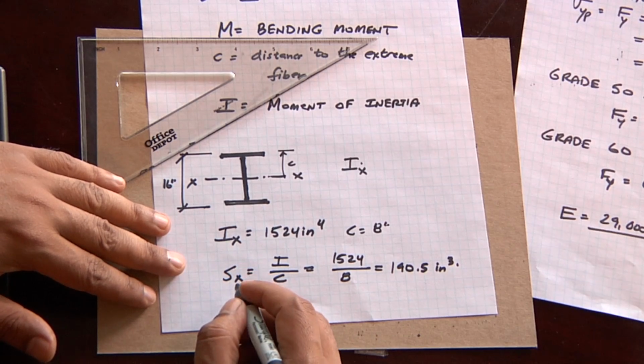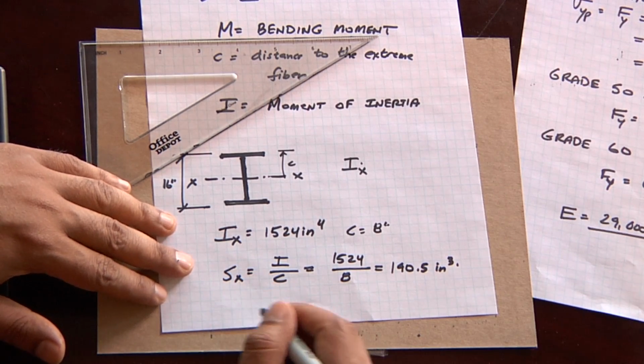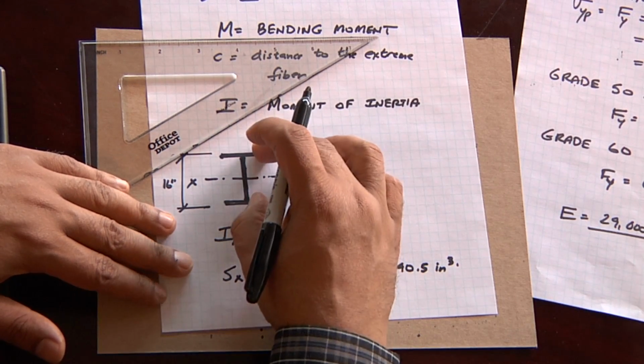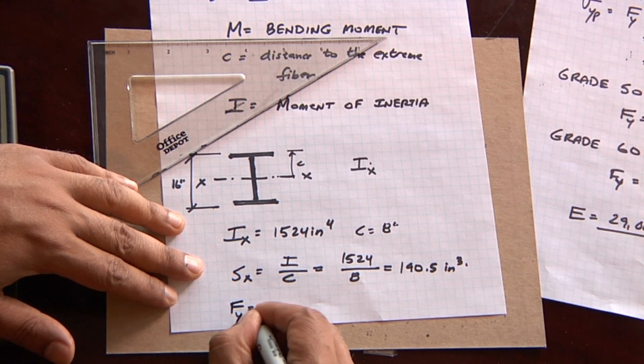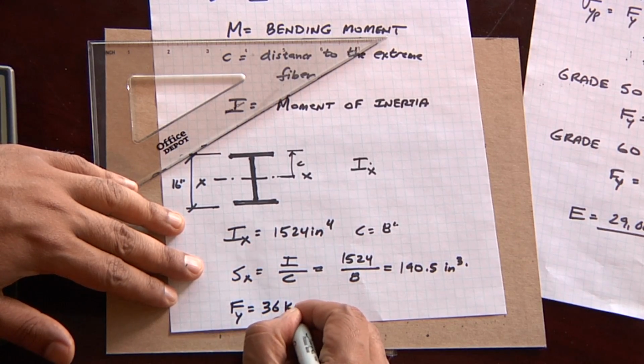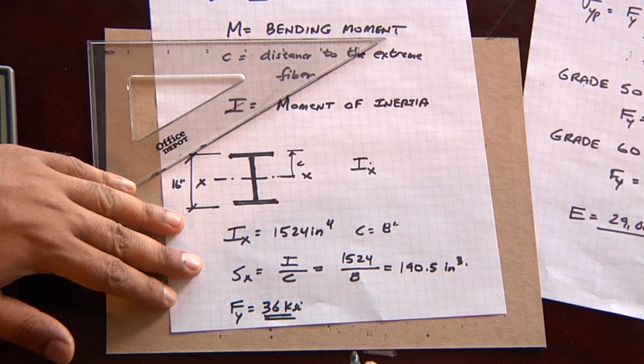And so if we have a bending moment, what's the maximum bending moment that that beam can accept? Well, if my yield stress is 36 KSI, we can calculate what the capacity of that beam is. And I'll explain that. I'm going to use the yield stress for right now.